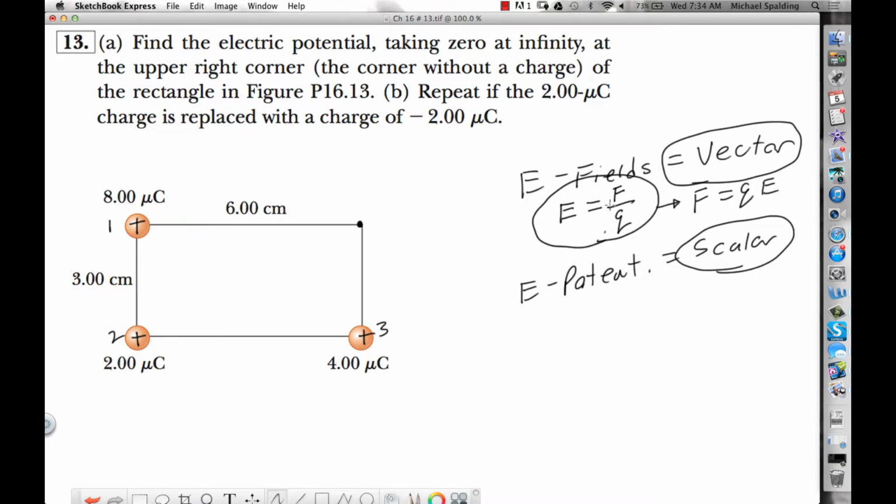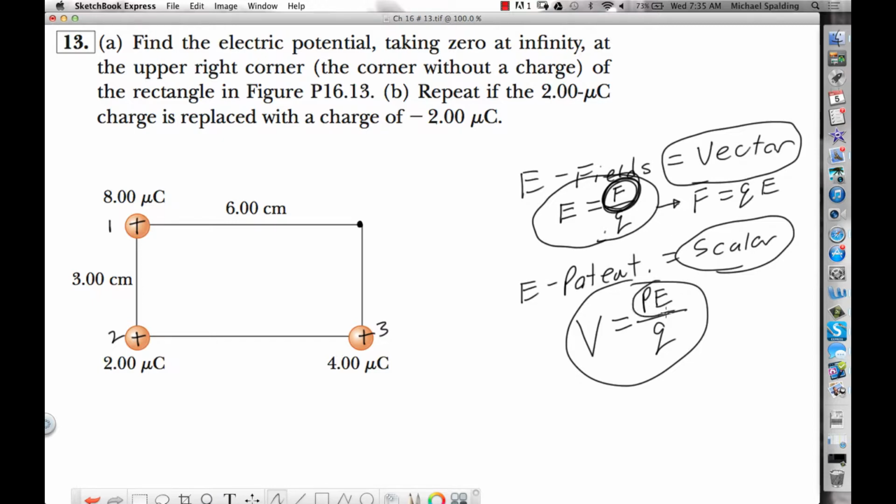Okay, so look, why are electric fields vector? Electric fields are vector because they involve what? Force. Does force have direction? Sure does. Now, what's electric potential? The definition for electric potential, which is capital V, is potential energy per charge. It's volts, not to be confused with volts. Don't confuse that with volts because you just wouldn't want to do that.